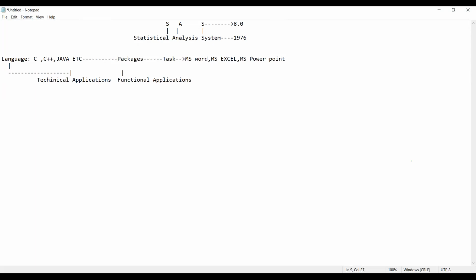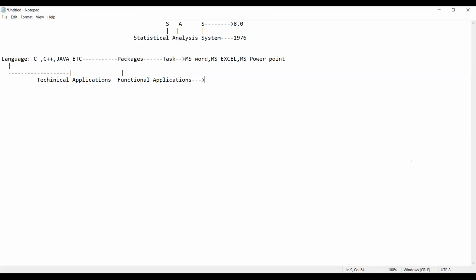Why do we call it functional? Functional means anyone can use it, a common person, without technical knowledge.